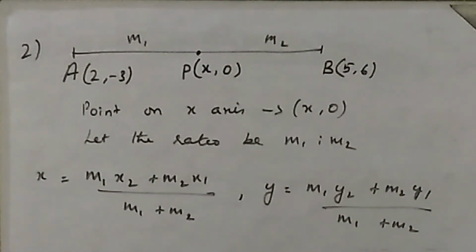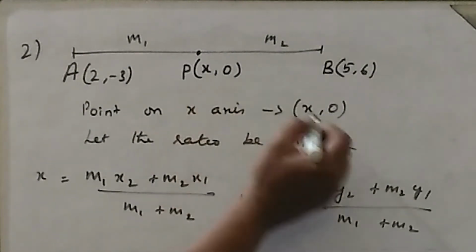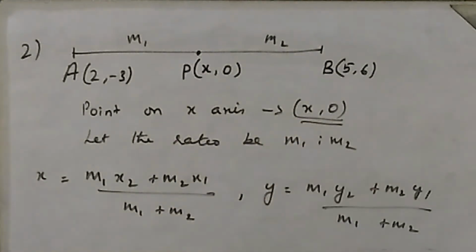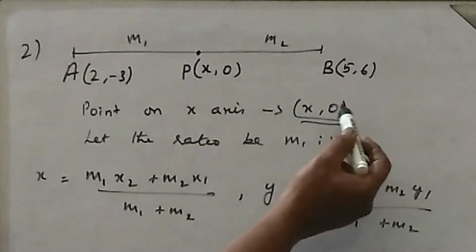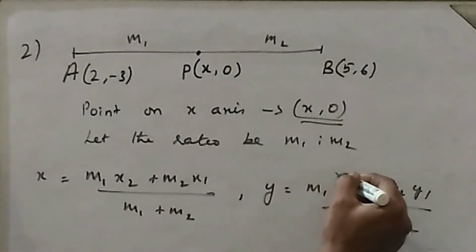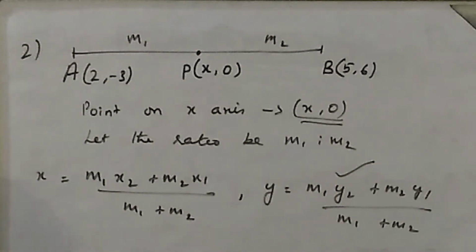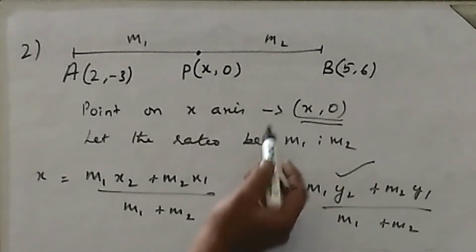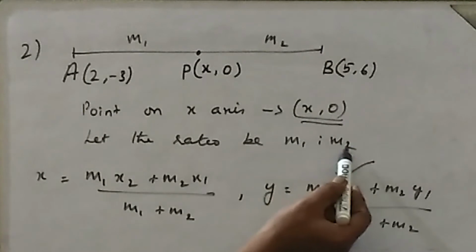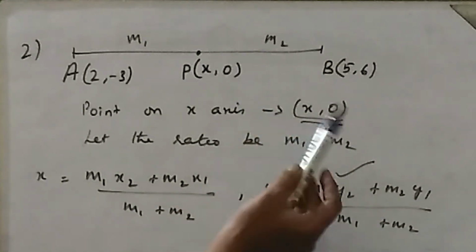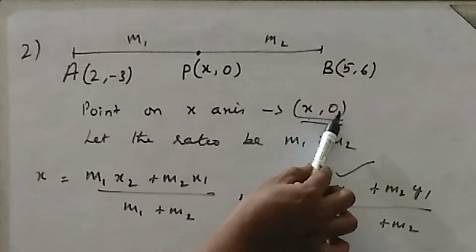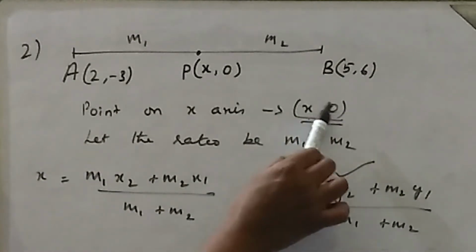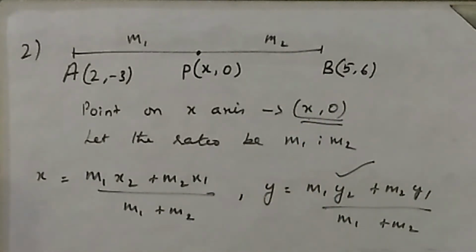Now see, in this point, which is (x, 0), take this one. Our work will become very simple. Don't take x. We have to find the ratio only, m1 ratio m2. We have x as well as 0, so if you take 0, the work becomes very simple.